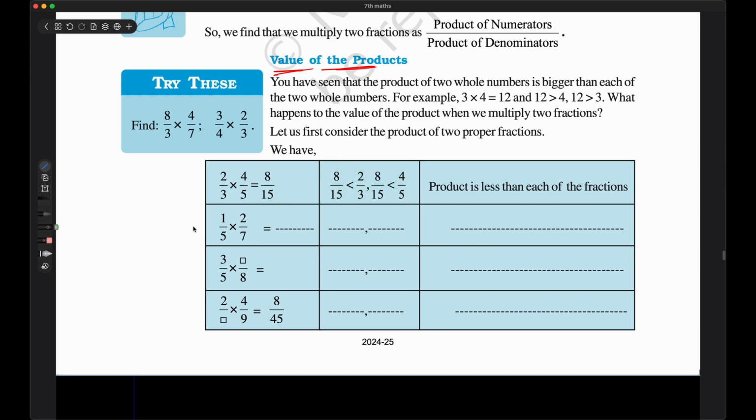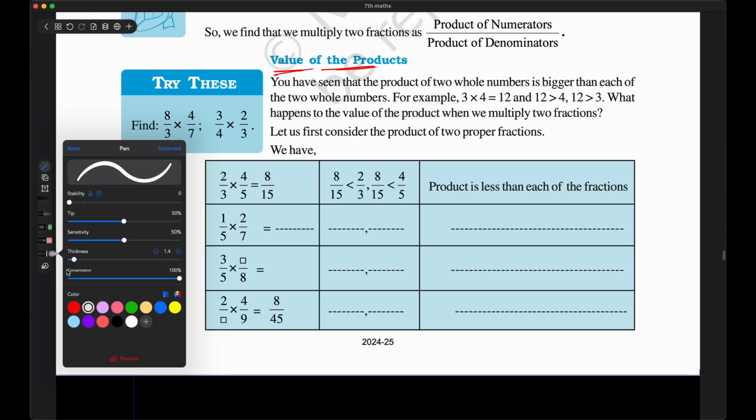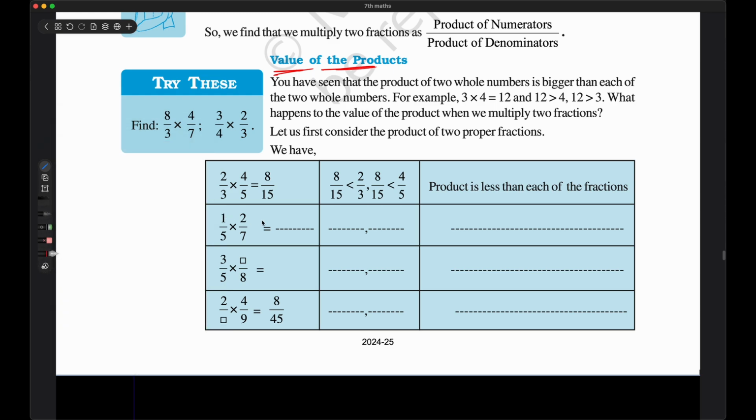And for all the rest of the examples, the product will be smaller than the individual fractions. The product, 2 divided by 35, will be smaller than the individual fractions, 1 divided by 5 and 2 divided by 7.